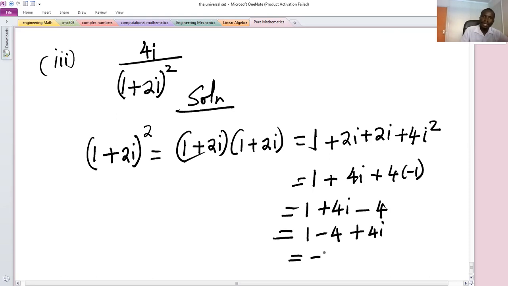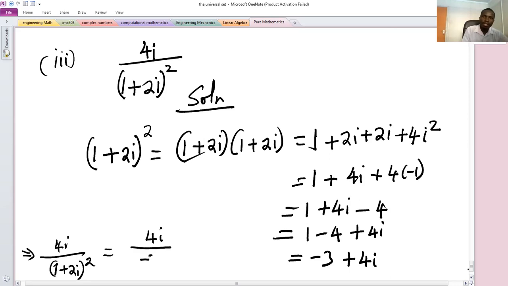So this will be minus 3 plus 4i. So 4i over 1 plus 2i squared is the same as 4i over minus 3 plus 4i.